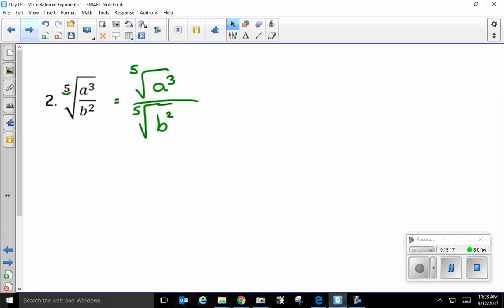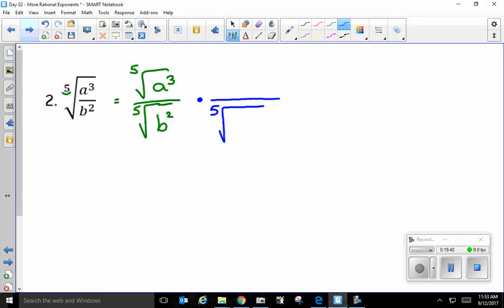Now, I want to make sure the bottom radical goes away, which means I need to multiply the bottom by something with a radical. What is the root of this radical going to be? 5, because they should match.